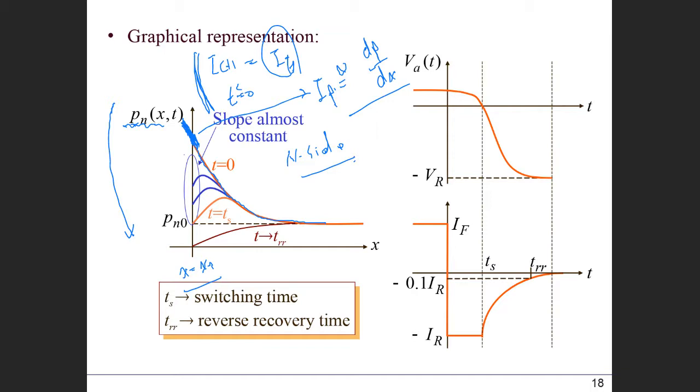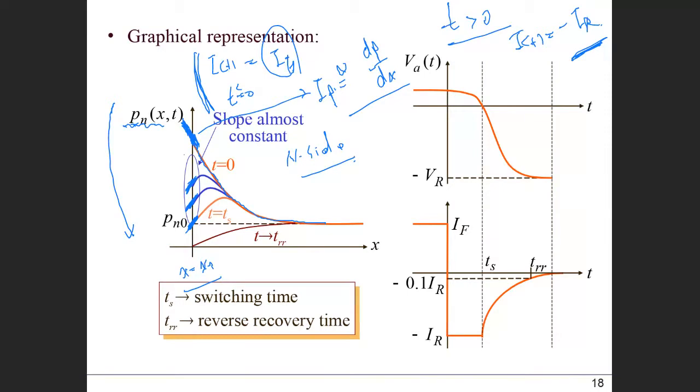Now, at t equals 0, we change the switch to reverse bias, so the current changes to the negative IR. To represent this negative IR, the slope of the hole concentration, especially at the depletion edge, changes in such a way as to get this negative IR.